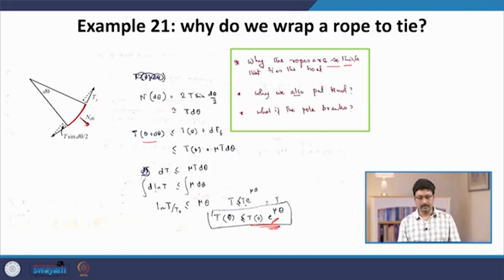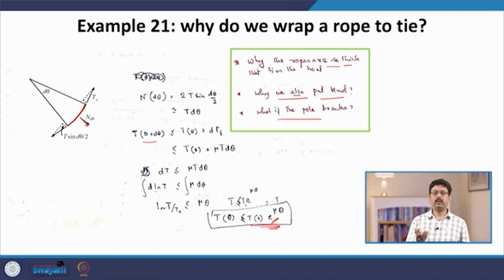Why are they so thick? What does the thickness do to the rope? The second thing is that we not only wrap the rope around the pole, we also tie some knot. What is the role of a knot? And the third question is, what if the pole breaks?